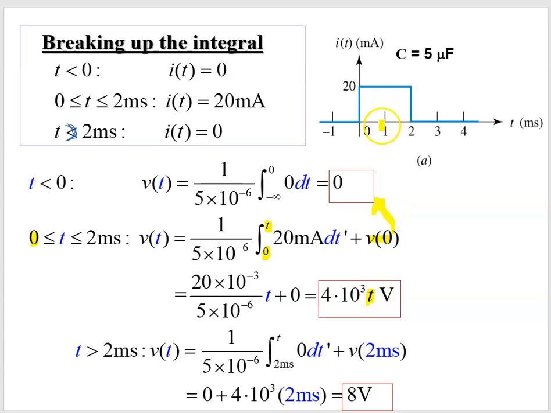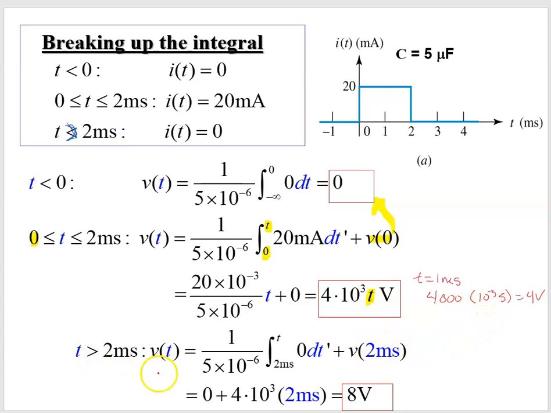So at t equal to 1 millisecond, we get 4,000 times 10 to the negative 3 seconds, or 4 volts, just like we found.